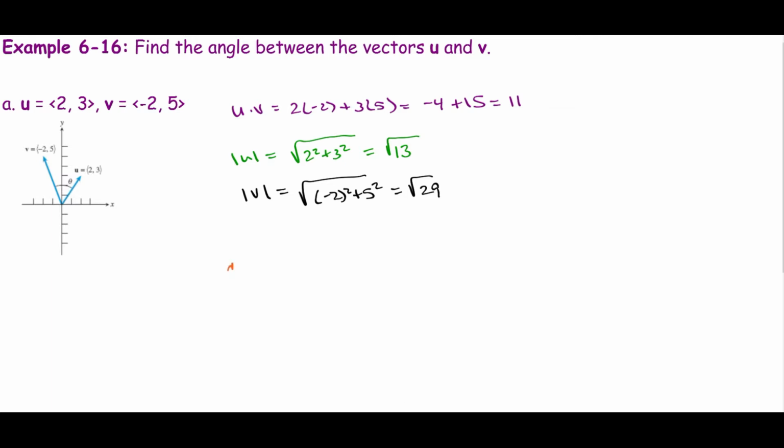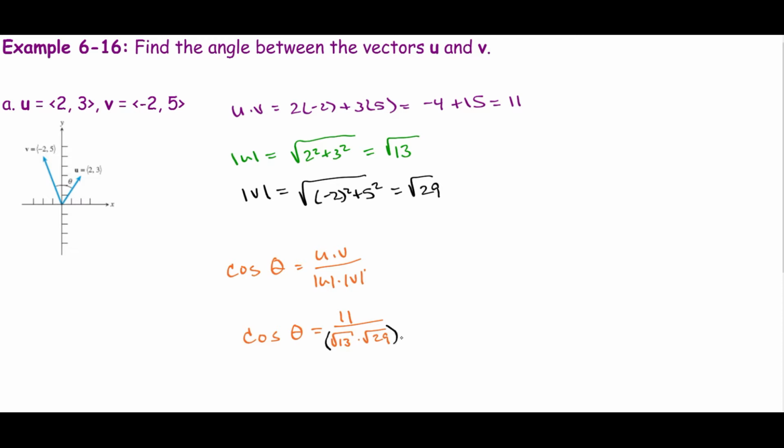So then remember, my formula is the cosine of theta is u dot v over the magnitude of u times the magnitude of v. So now we're just going to plug everything into that. So cosine theta is u dot v, we came up with 11, over the square root of 13 times the square root of 29. So just be careful when you put this in your calculator.